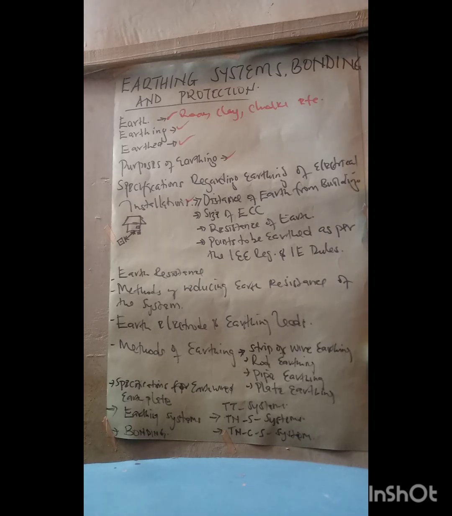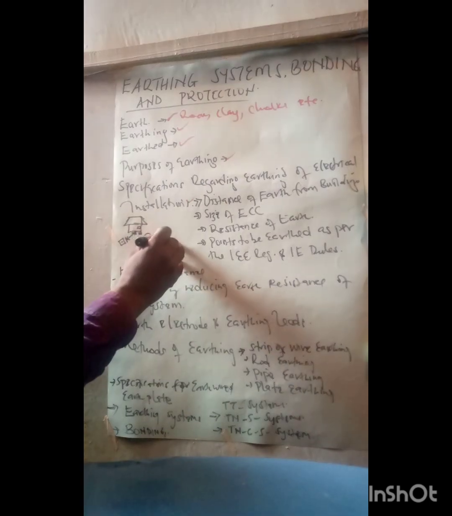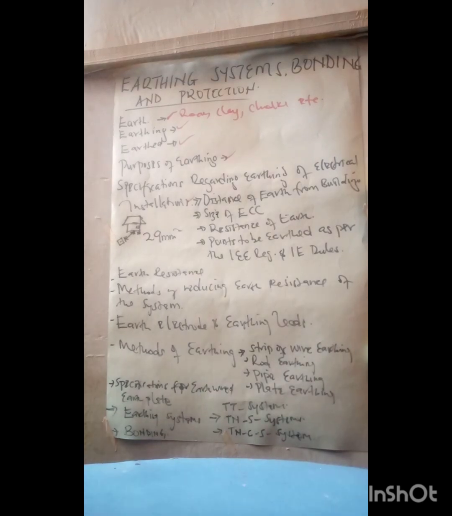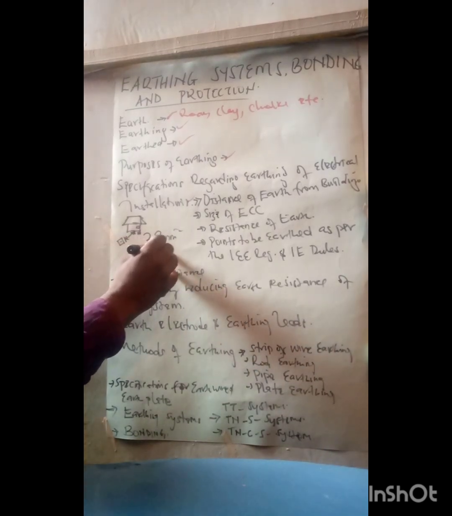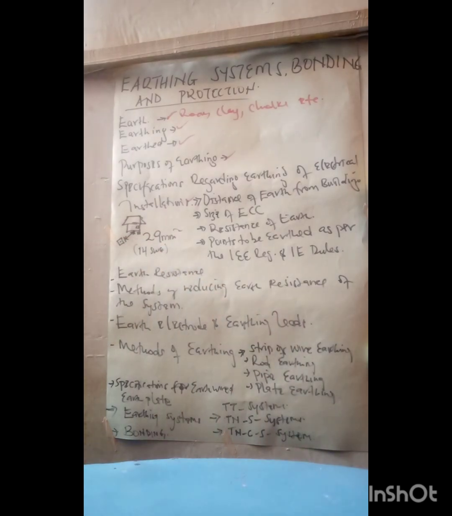The cross-section of ECC should not be less than 2.9 millimeters square, and that is 14 SWG, standard wire gauge, that's one for the American. Or half of the insulation conductor size. You have to check that.